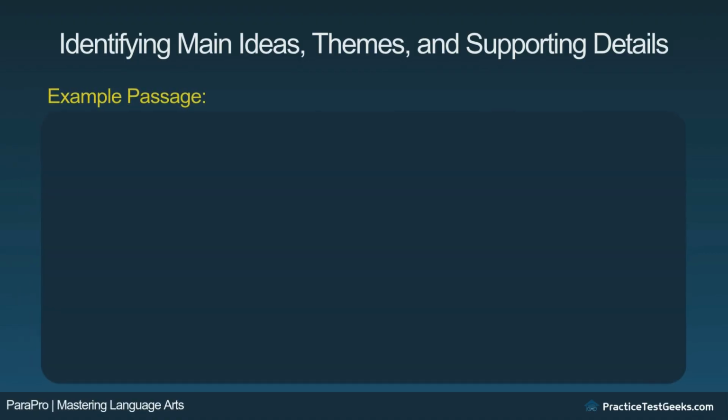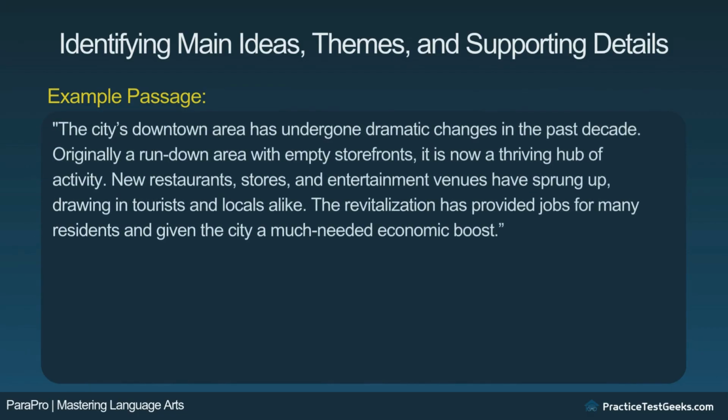Example passage. The city's downtown area has undergone dramatic changes in the past decade. Originally a rundown area with empty storefronts, it is now a thriving hub of activity. New restaurants, stores, and entertainment venues have sprung up, drawing in tourists and locals alike. The revitalization has provided jobs for many residents and given the city a much-needed economic boost.